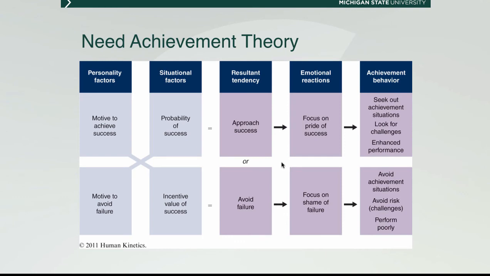This is going to change their emotional reaction. So this approach orientation will have the person focusing on pride and success as opposed to shame, of failure, or something like that. Ultimately this leads to some pretty different achievement behaviors.